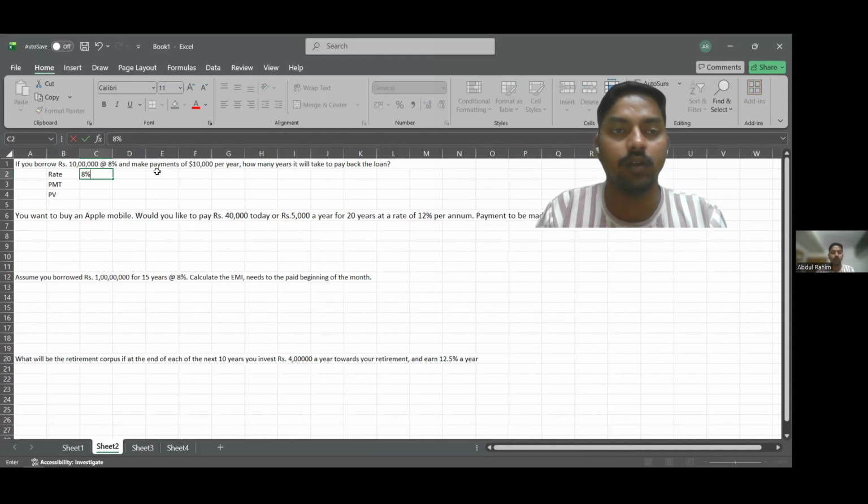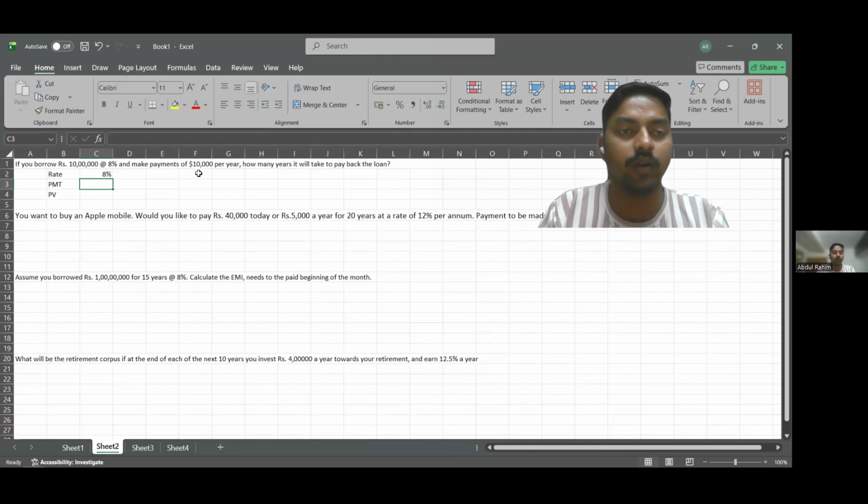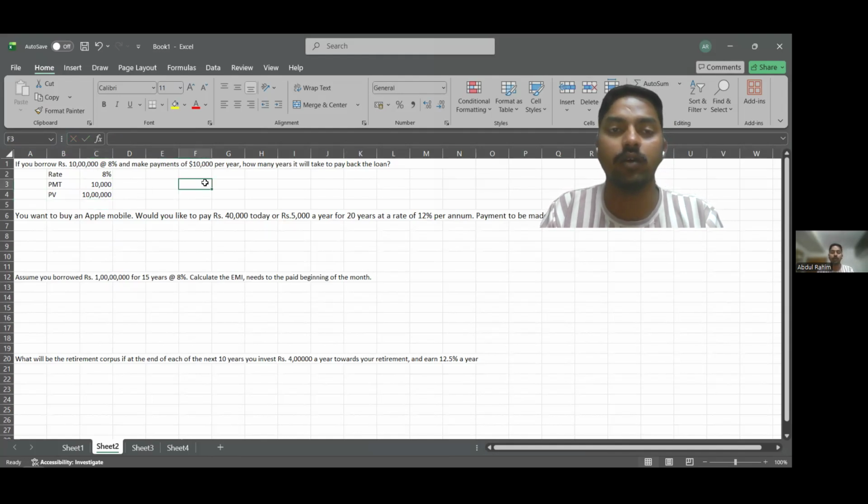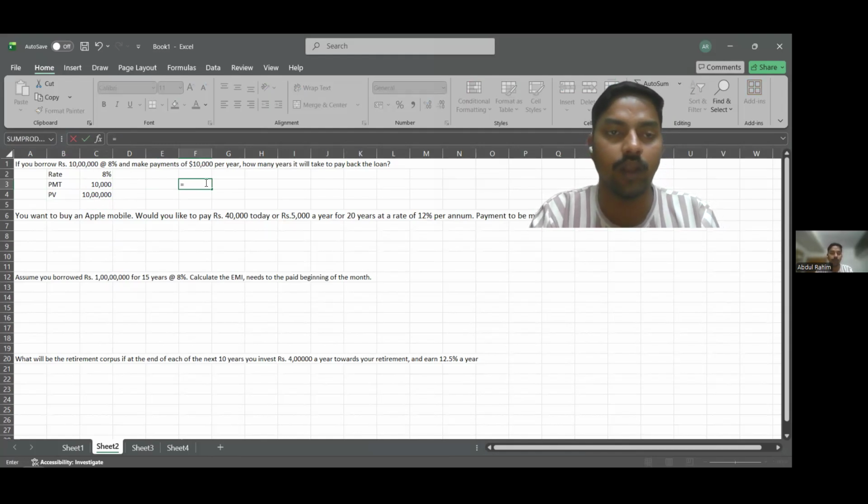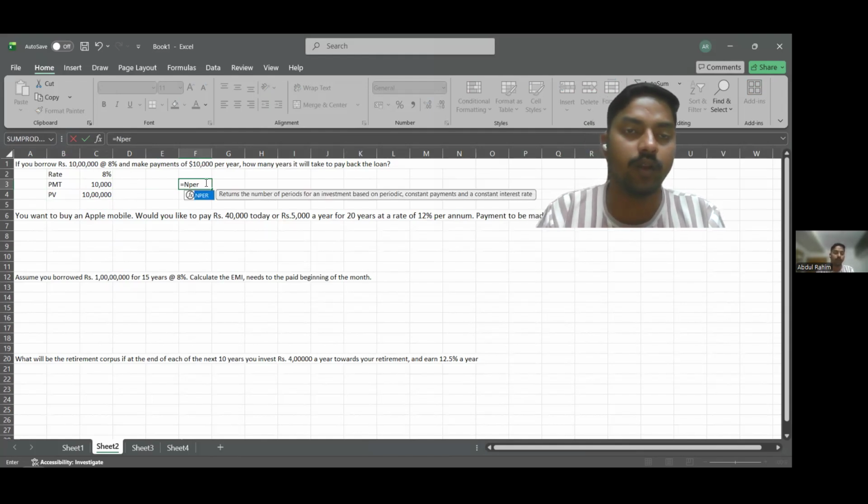So the rate is 8%. PMT is 10,000 that we are going to pay every year, and the present value is 10 lakh. So for calculating the number of years, we are going to use the formula NPER.